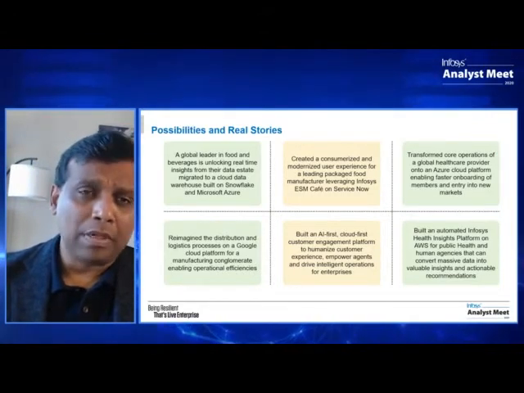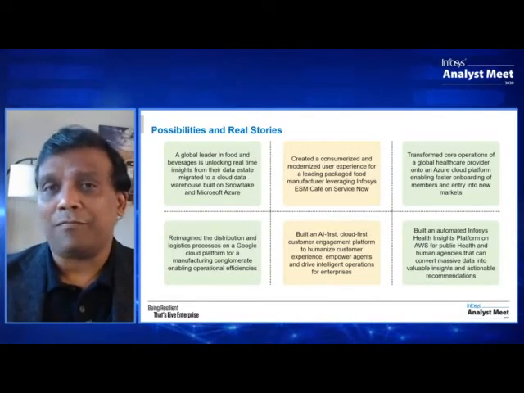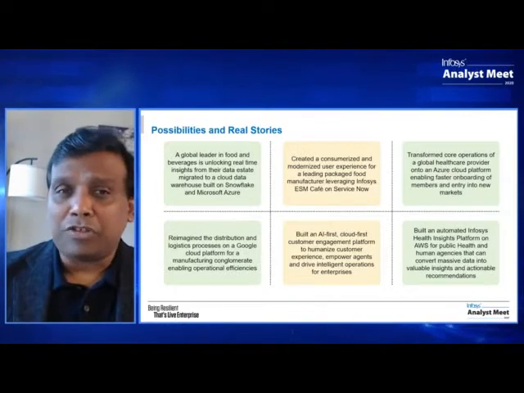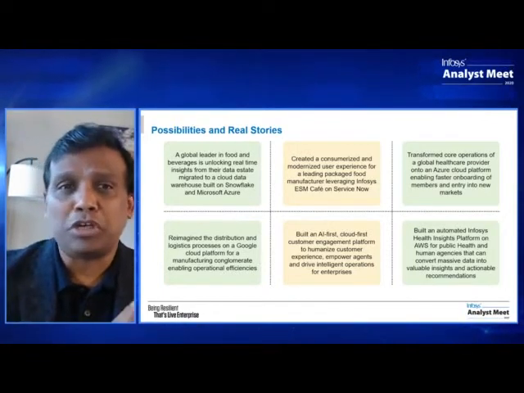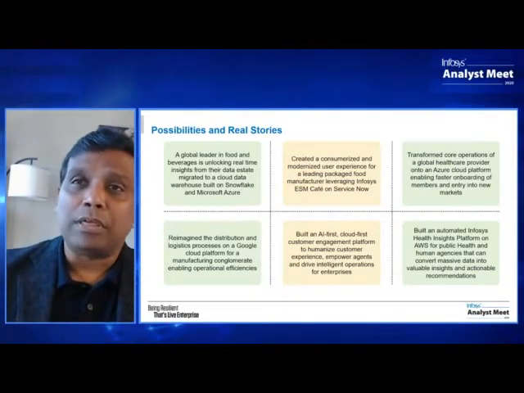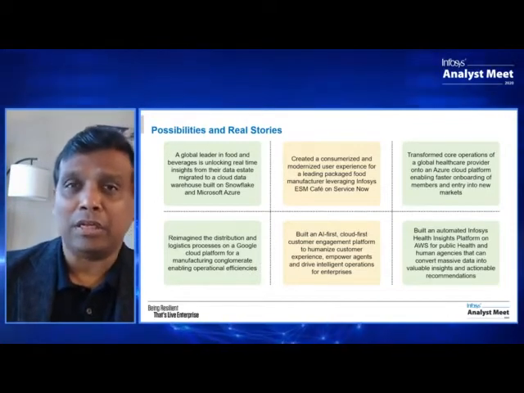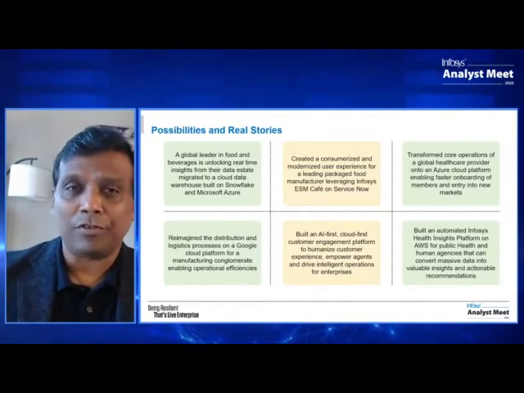The next one is a manufacturing company which is focused on building efficiencies. And we actually powered their distribution and logistics processes on Google Cloud. This company has made their logistics and distribution processes very agile because they moved it to a hyperscaler infrastructure.